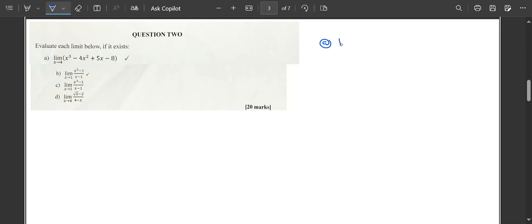So I can write lim as x approaches 4 of x to the power 3 minus 4x to the power 2 plus 5x minus 8. You substitute the value of x. So that will be 4 to the power 3, then minus, for the polynomial case you don't have to conjugate or find the denominator, it's just straight.